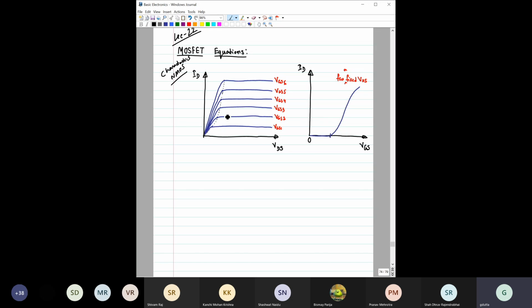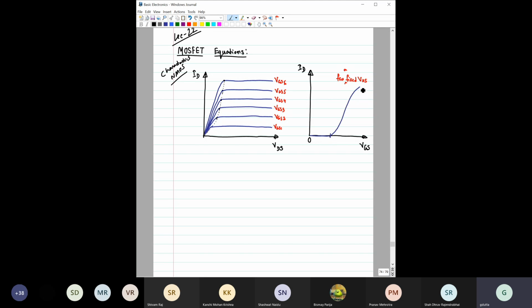The saturation point also shifts to a higher VDS value as you increase VGS. Similarly, if you plot the drain current versus gate to source voltage, the characteristic would look something like this.